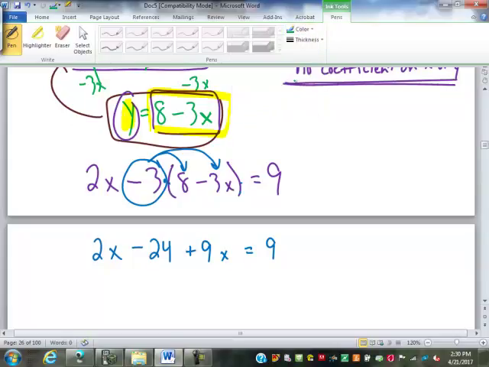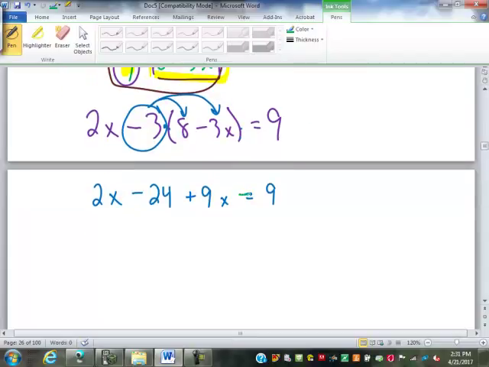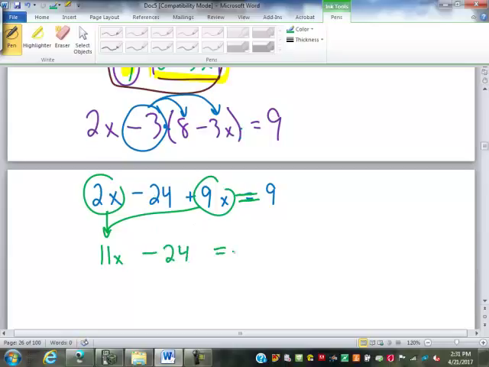Our next step: there's more than one x in this problem, so we have to combine them. Can we just combine them, or do we have to take one away? You can combine them. They're on the same side of the equal sign. So 2x and 9x make 11x. We still have the negative 24 equals 9.